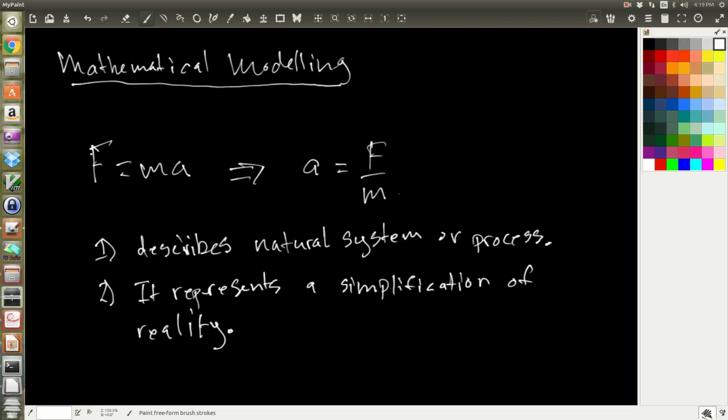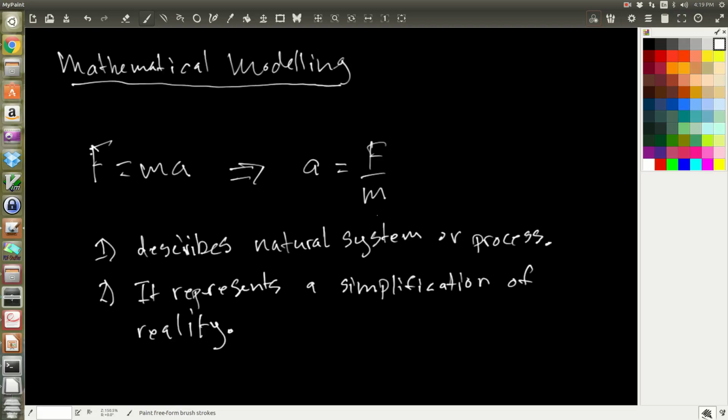For example, can we say that the acceleration of some object is truly the net force divided by its mass? Well, actually, that's not 100% true, because we know there are relativistic effects. If you have a very, very large mass, like the mass of the Earth, or even larger, the mass of the Sun, then this equation doesn't become accurate anymore.